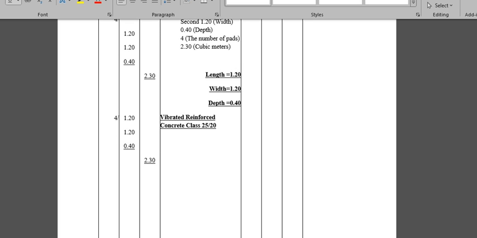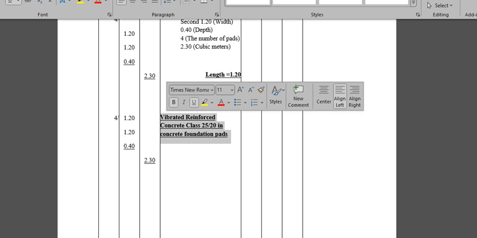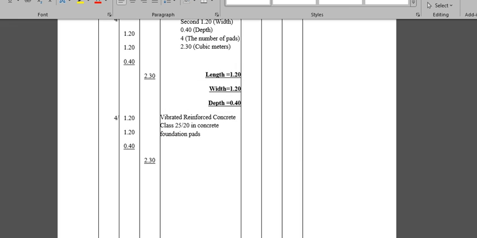That is class 25 with the aggregates of a maximum of 20 millimeters diameter. So class 25 concrete in foundation pads. It doesn't have to be underlined, so just do away with that. It doesn't have to be bold as well.